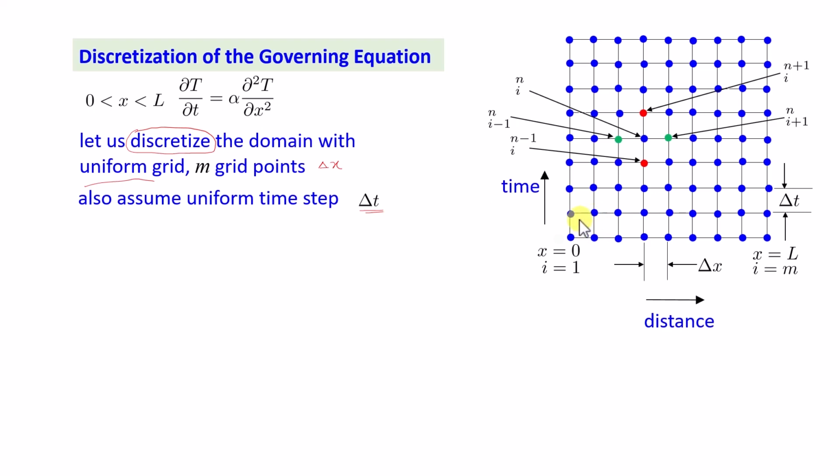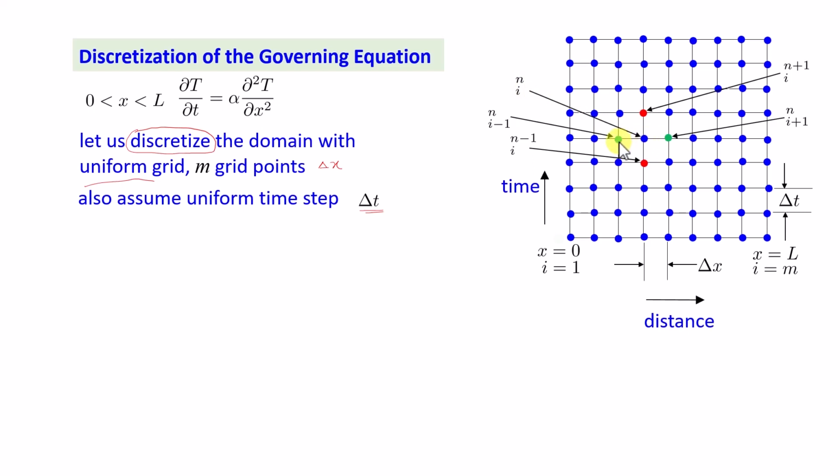In the time dimension my index is n. n starts from here and it goes above. So for any point, let us say this point, it has a certain x index, that is i, and it has a certain time index, that is n.